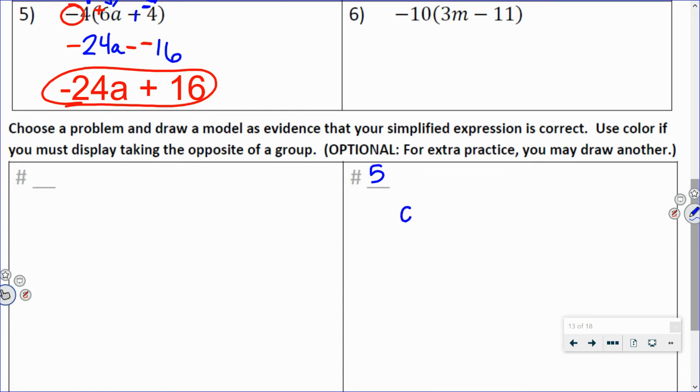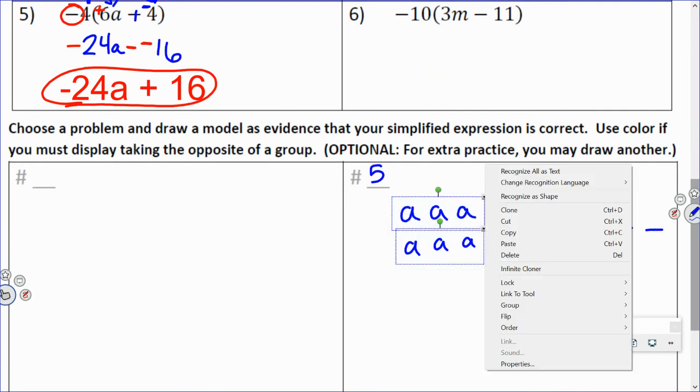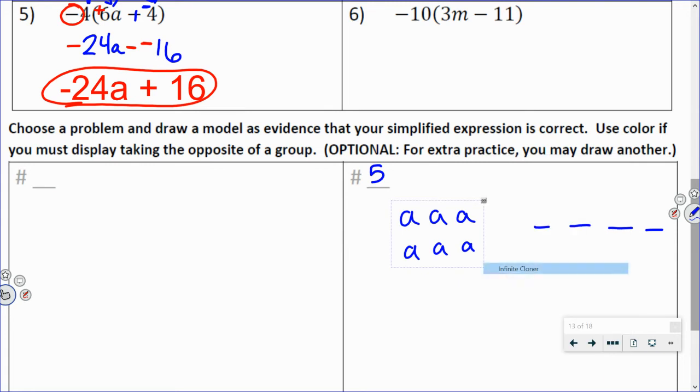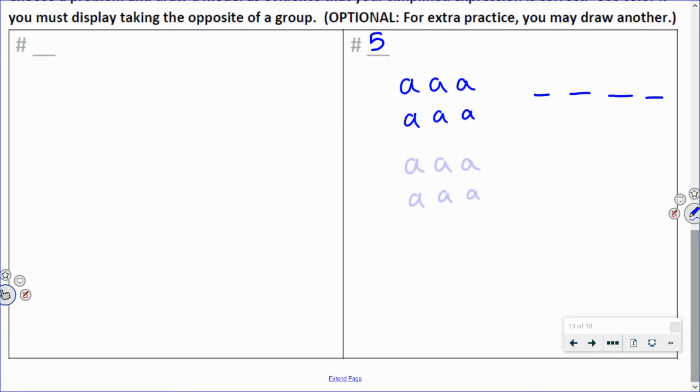Now, number 5, we had 6 A's and another negative 4. All right, let me go here. I'm going to put some infinite cloner on this, make my life a little easier. So we need 4 groups of 6A's.